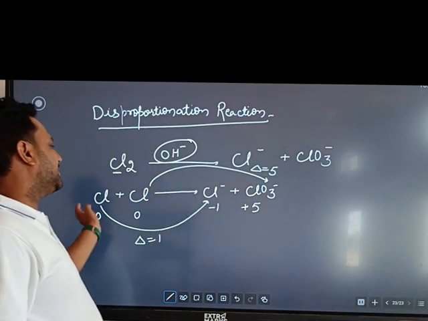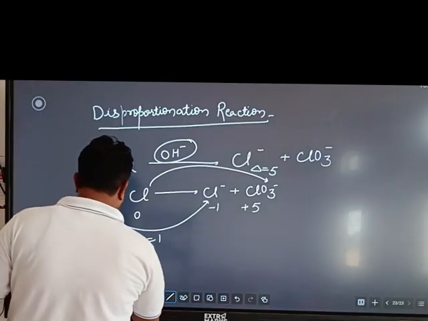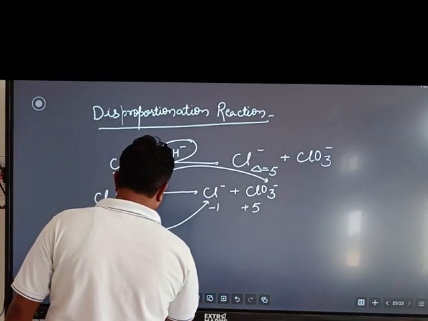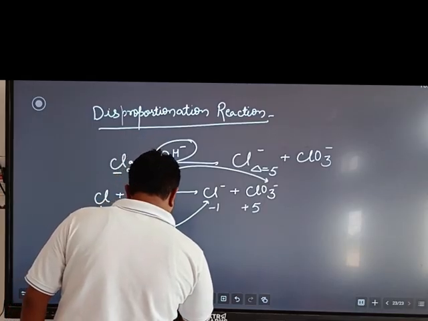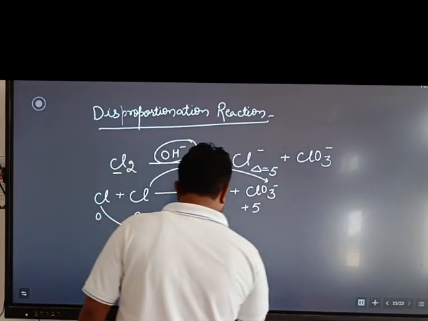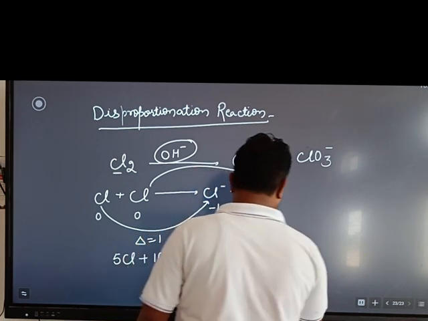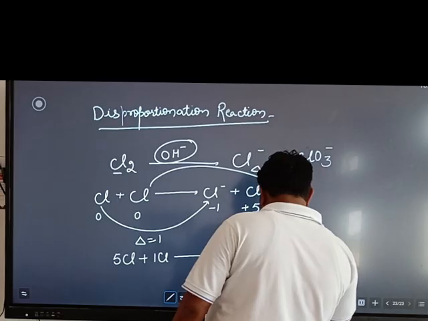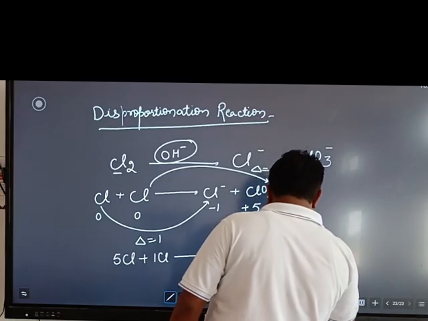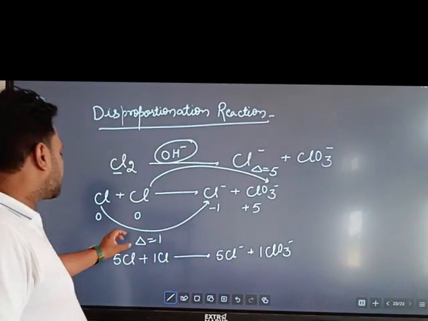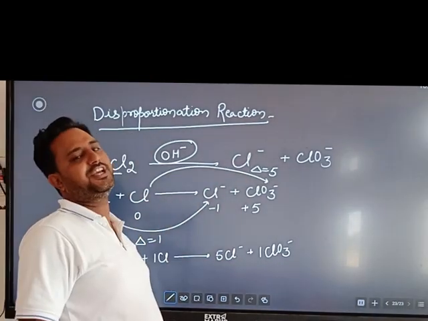Now these changes are cross multiplied, means after the cross multiplication we get 5Cl plus 1Cl. This will give 5 times of Cl- plus 1 times of ClO3-. Students, this step came from cross multiplication of these changes.